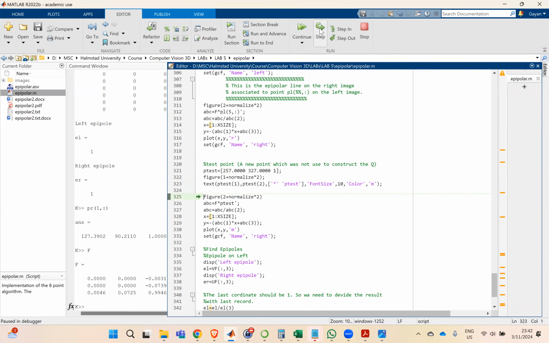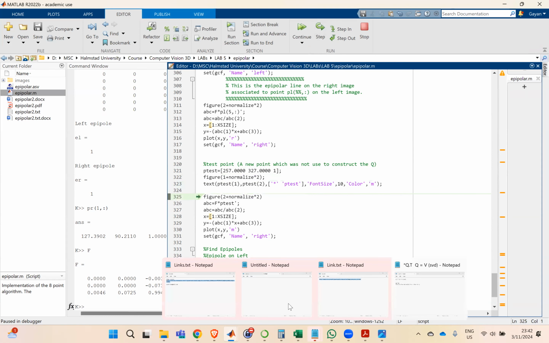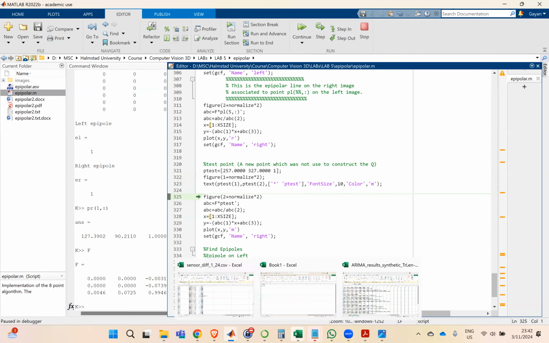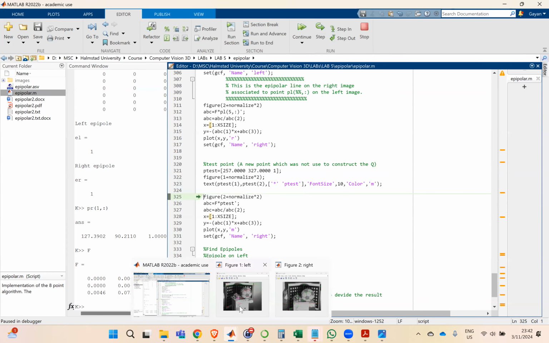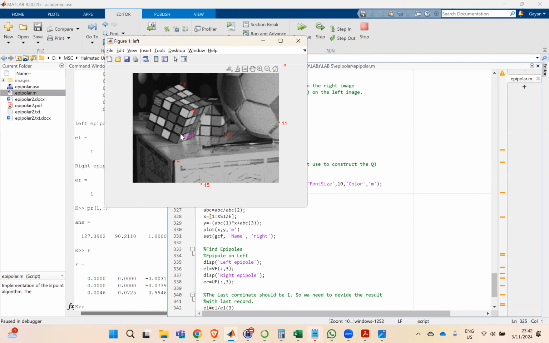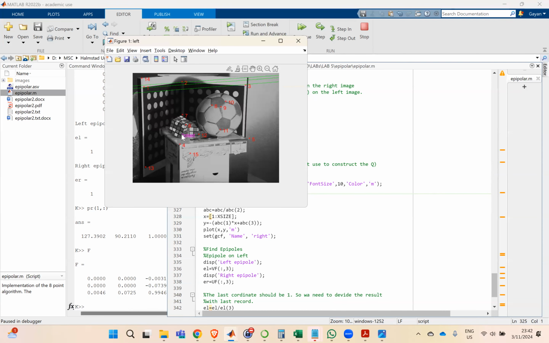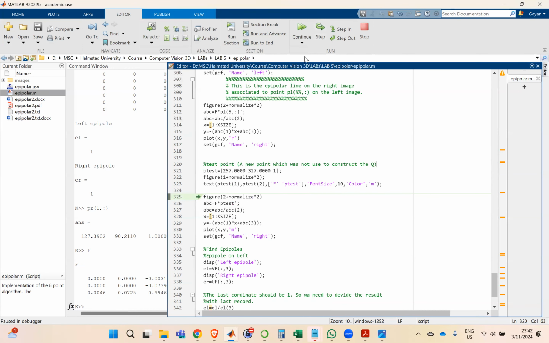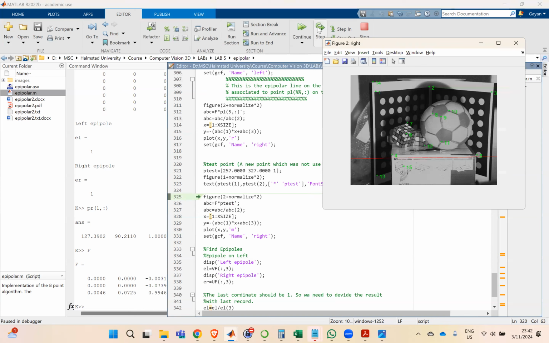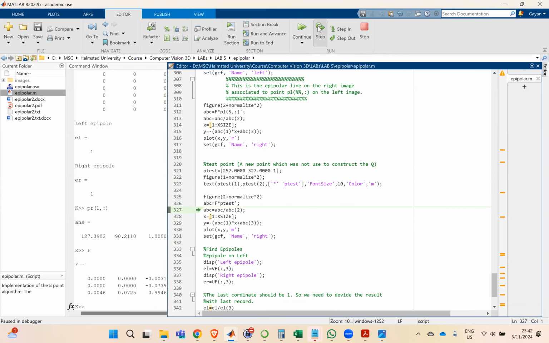So we construct one new point in the p-test. It should be in the left image. We can see we took one point. It's called p-test. It's exactly on this position. And on the other side, we should get a line now. I still didn't run the code. I will not get anything until I run all of these.